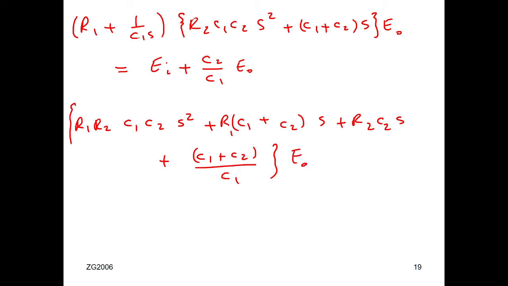This is correct? Yes. S will cancel with S. C1 divided by C2. Yes. Equal to EI plus C2 over C1 E out. Okay, so the transfer function we're looking for, how much?